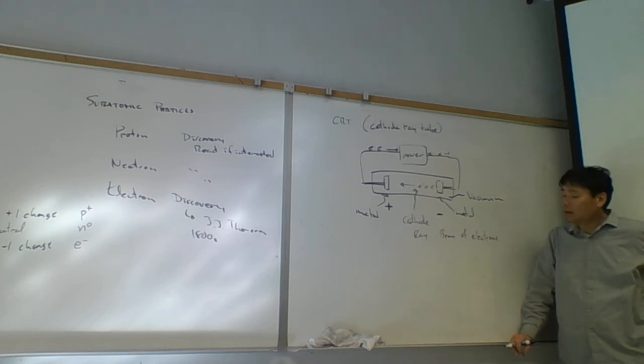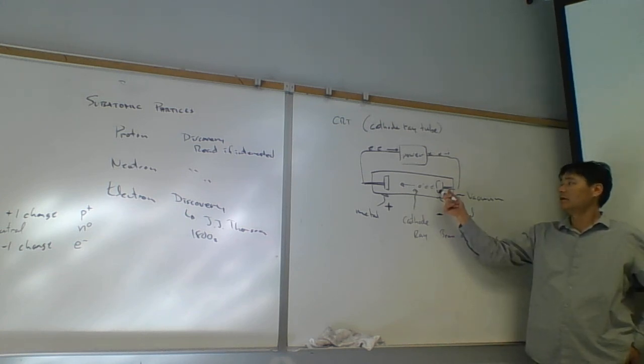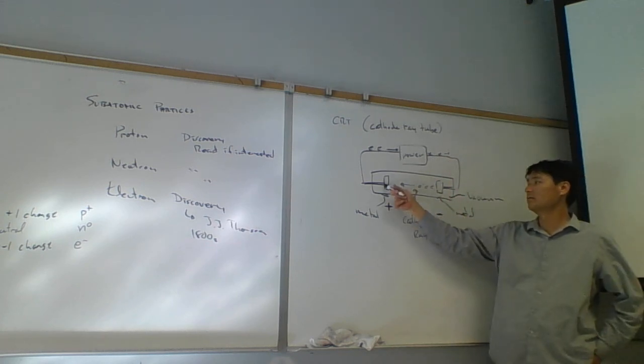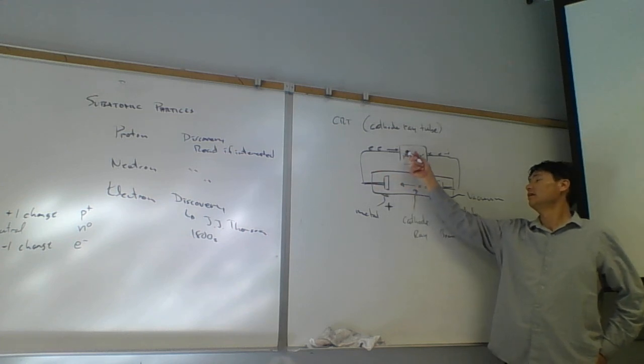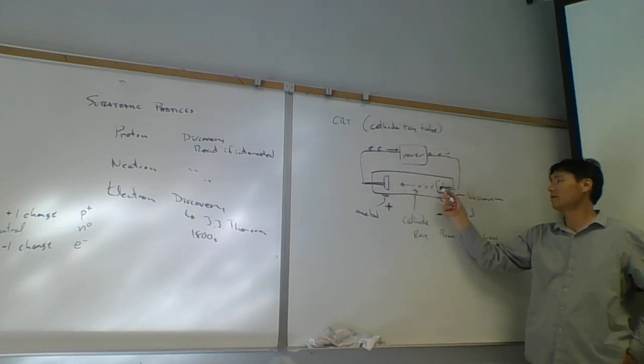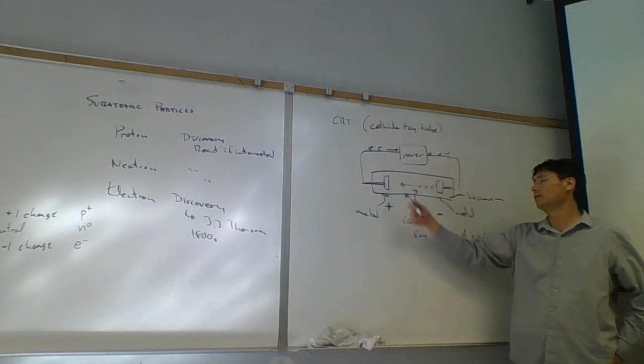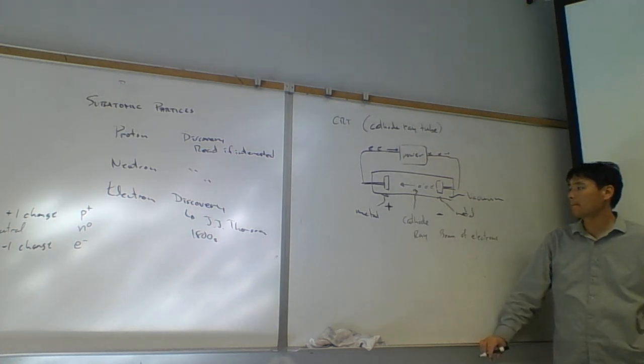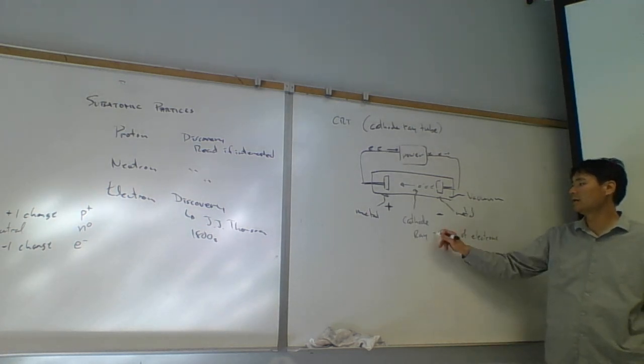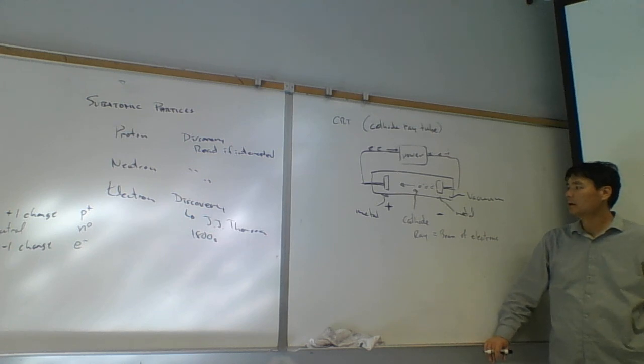The electrons must have originated over here. The power supply is pushing the electrons over here. So electrons must be originating here, then being pushed over here, and then finally going back over here. So cathode ray equals beam of electrons.